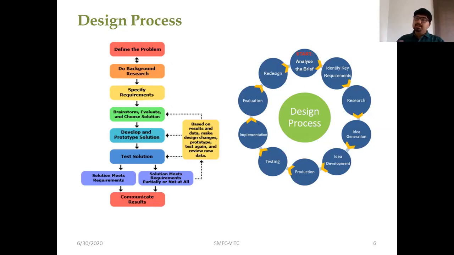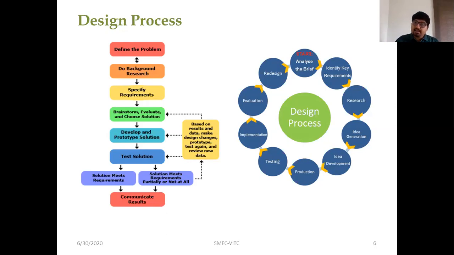If it is not meeting fully, if it is only partially able to meet or not at all, then make your process iterative. Go back, write down the results and data, make changes in the design, make changes in the prototype, or run one more test, review, and try to get the additional data. The way it is done is again iterative, based on where it is failing.